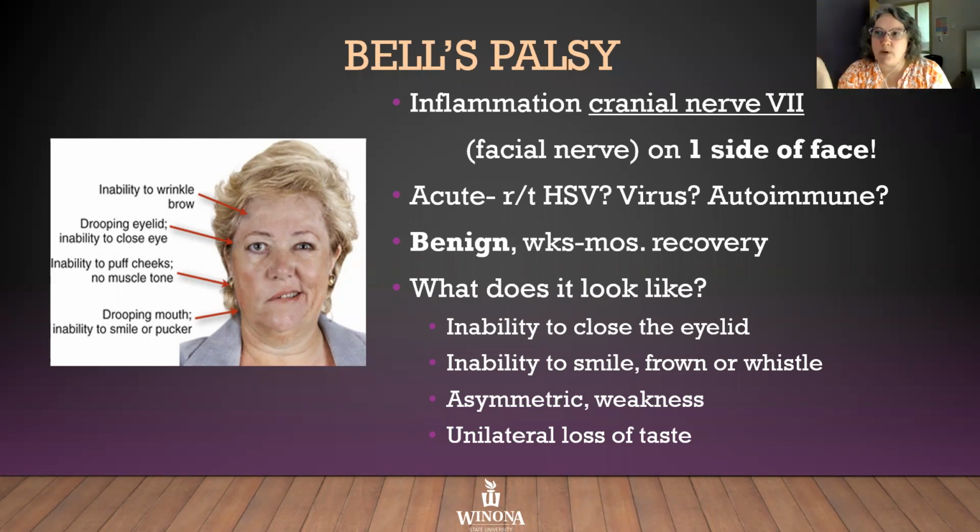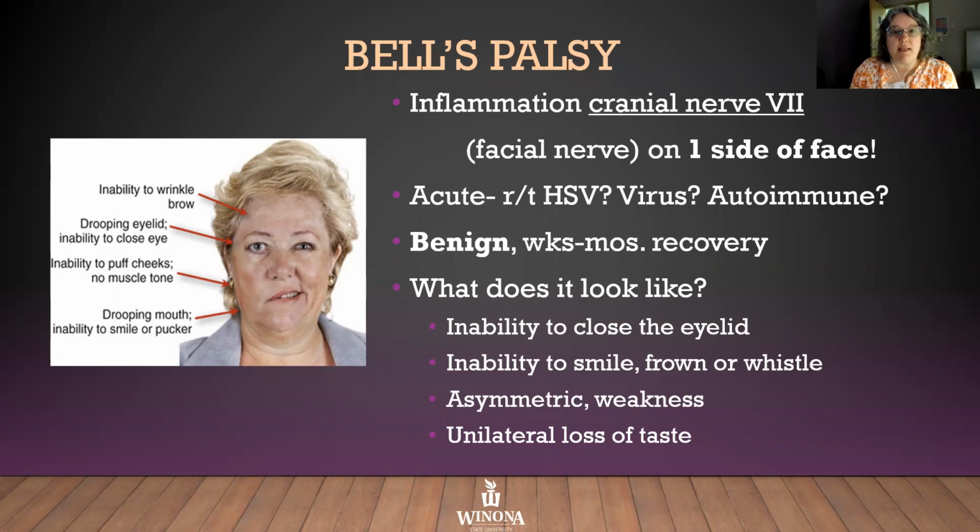So they won't be able to wrinkle their brow. They won't be able to close their eye, so they can have some really dry eyes. They're unable to puff their cheeks or do any muscle tone movements. And then they'll have a droop in the corner of their mouth. They won't be able to smile, and they won't be able to pucker or whistle.